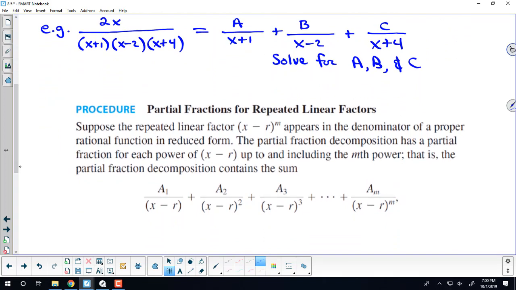Now repeated linear factors. You have to account for each power of that repeated linear factor.